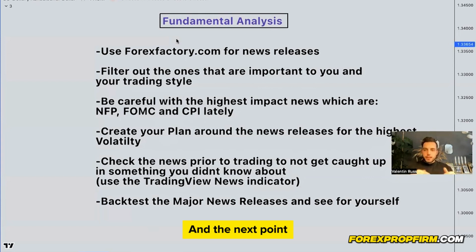And the next point is very important. Be careful with the highest impact news, which are NFP, FOMC, and CPI lately. You really need to be careful with these types of news releases, because most of the time, if you're trading prior to them, you're just getting slipped.